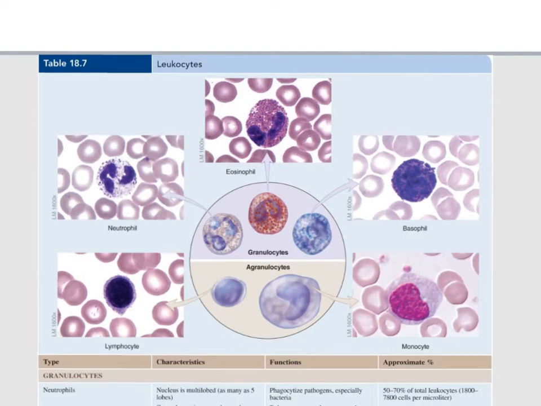Eosinophils have the name because eosin is the dye that is used to stain them. Eosin, phil, what is philia a suffix of? What does that mean? Attraction to, or likes to do something, right? If something's hydrophilic, it likes water. So eosinophil is something that likes eosin. That's why it stains red, okay?